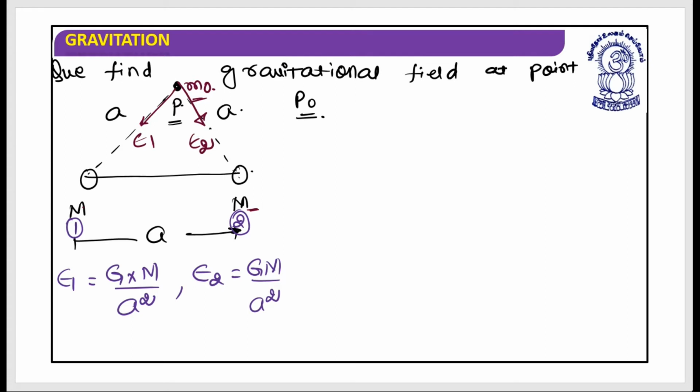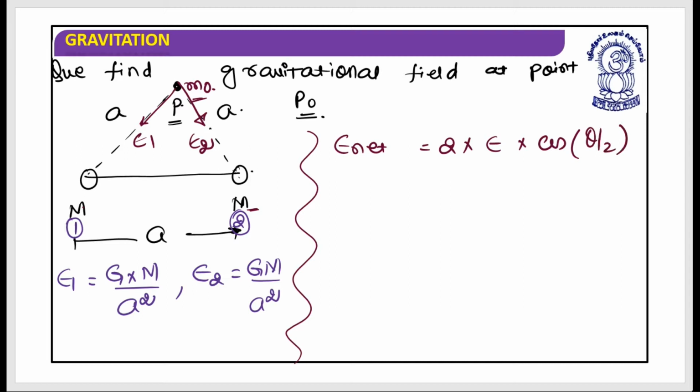When I write this, I must understand that E net is equal to 2 into E into cos of theta by 2. I can write this because E1 and E2 are both the same in magnitude. So this is equal to 2 multiplied by Gm by a square multiplied by cos 60 by 2.